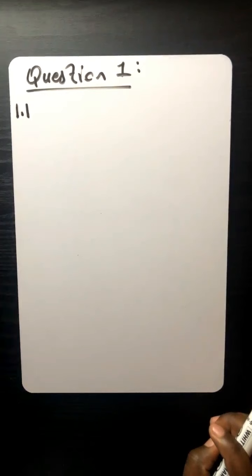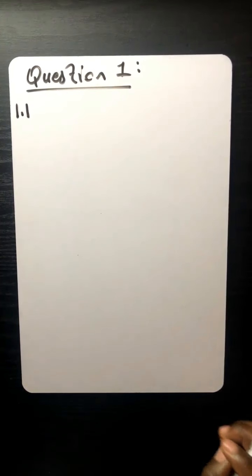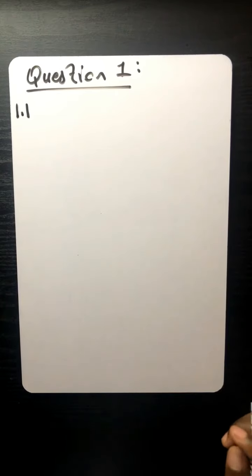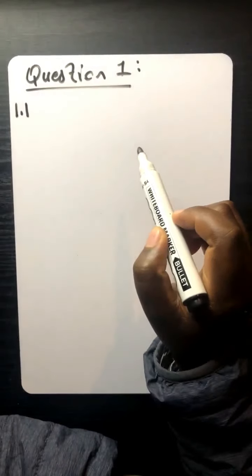Do not follow your own numbering system, because then we are no longer sure if you are answering the questions asked by the examiner in the manner in which they were asked in the question paper. So, question 1.1, they say solve for x in each of the following.